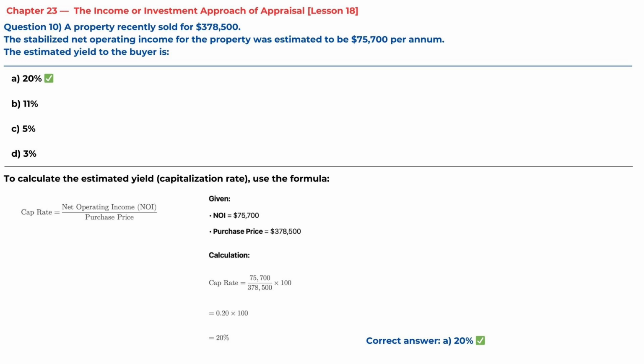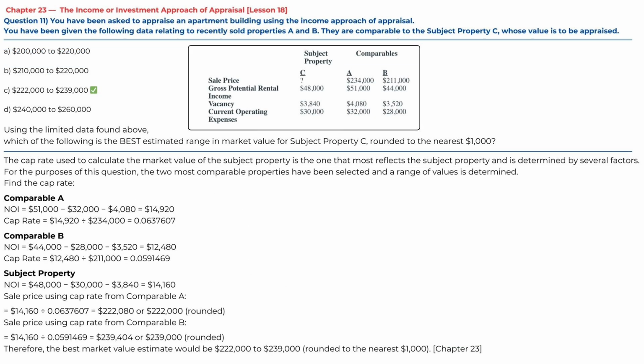Given NOI equals $75,700 and purchase price equals $378,500. Calculation: cap rate equals $75,700 divided by $378,500 times 100. Therefore, 0.20 times 100 equals 20%. Correct answer, A, 20%.